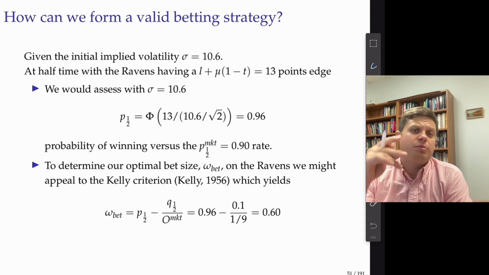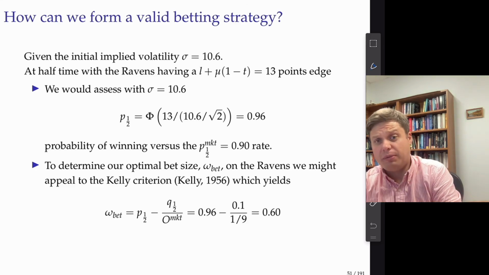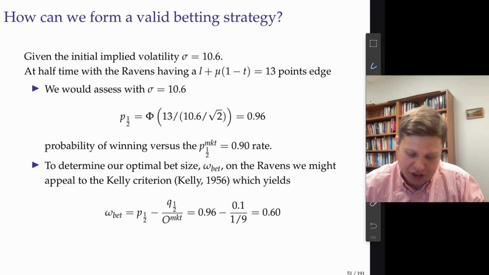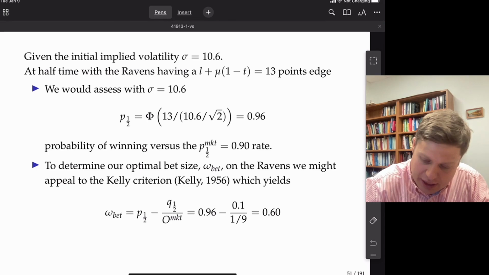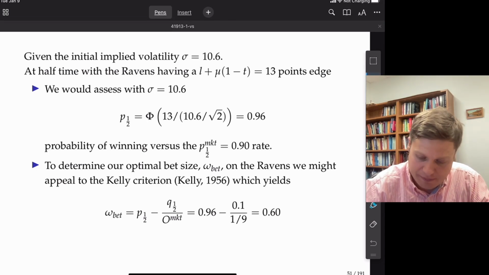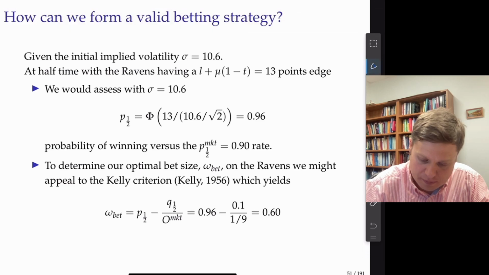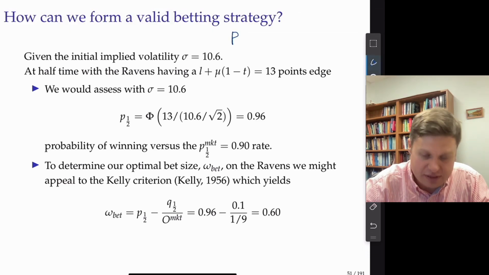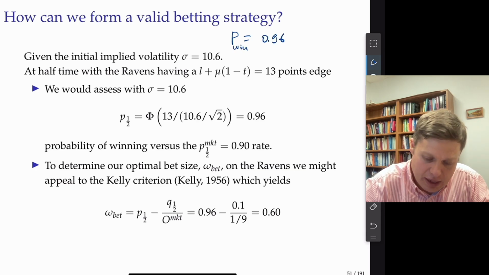Now we want to formulate an optimal betting strategy. So we're in this situation where, if we bet on Ravens winning the game, again we have this Bernoulli game, probability of win is 0.96, and the market odds are 0.9.